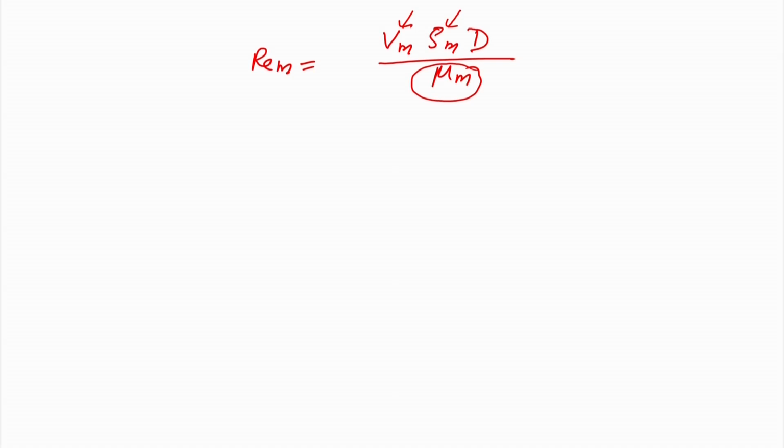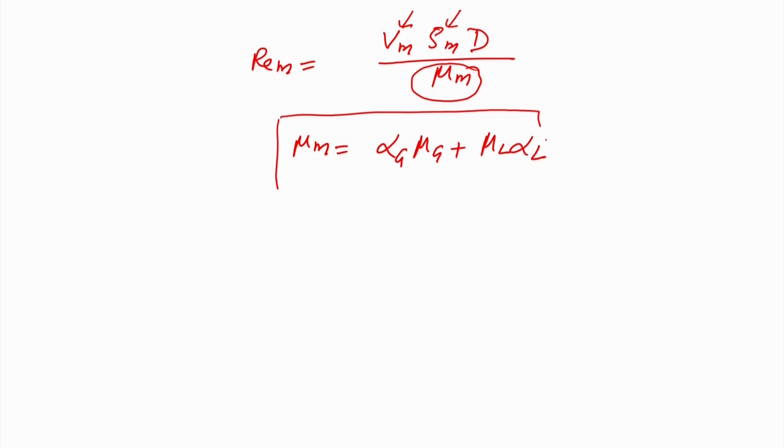Finding the mixture viscosity is a big challenge, and it cannot be written in a very simple form the way we have written rho m. But for a first approximation, mu m can be written the way we have written rho. But this is a very big approximation and has been found true for very few cases.